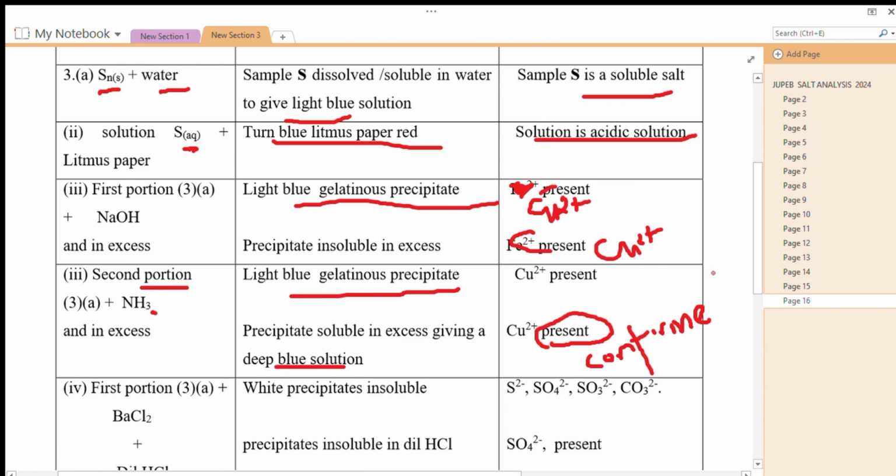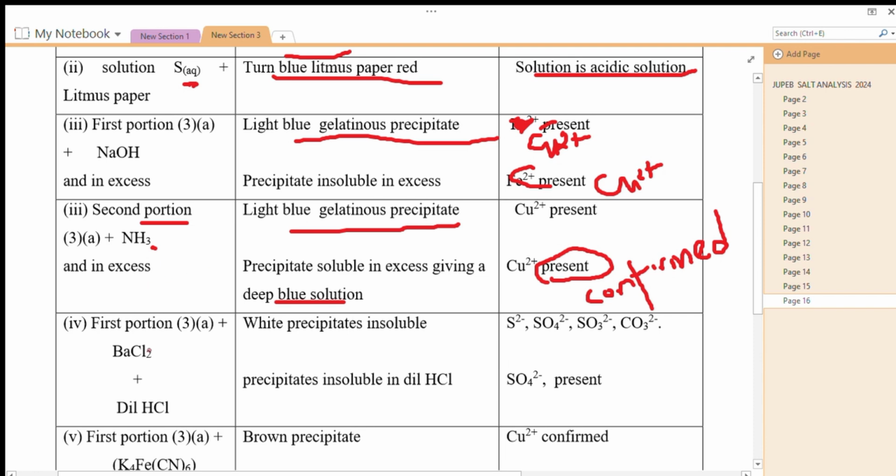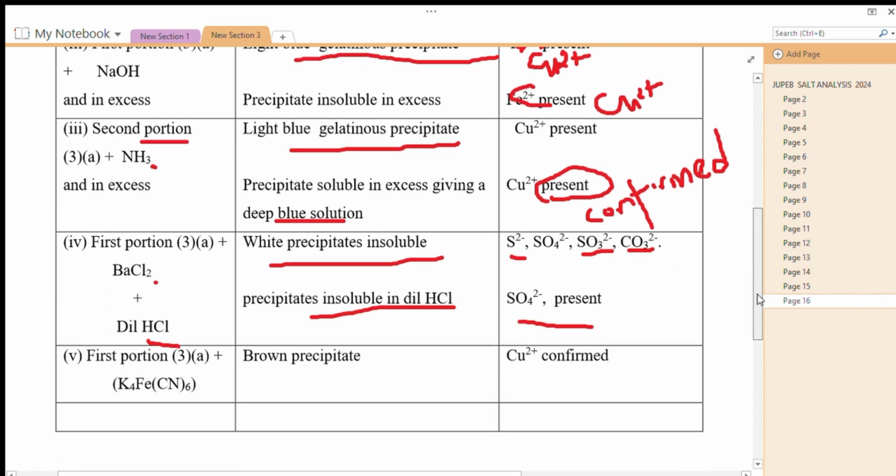Okay, if you take another portion just to test for our sulfate, the barium chloride gives a white precipitate, for S2-, SO4 2-, SO3 2-, CO3 2-. And if you add dilute HCl, it's going to be insoluble in dilute HCl, which shows that SO4 2- is present.